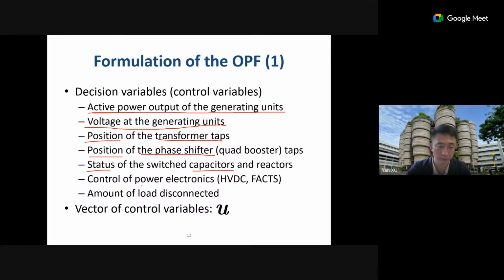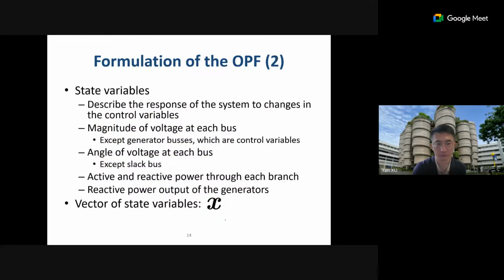And we can even optimize the power electronics devices. Besides, we can optimize the load shedding. If there is a need to shed the load, what will be the optimal amount to be shed? We can certainly optimize this. These control or decision variables are usually denoted as a vector U.